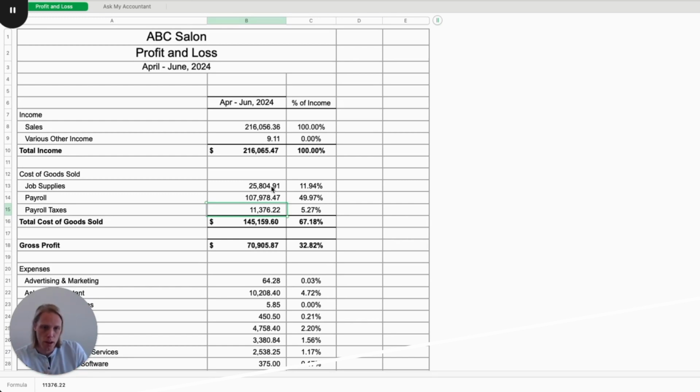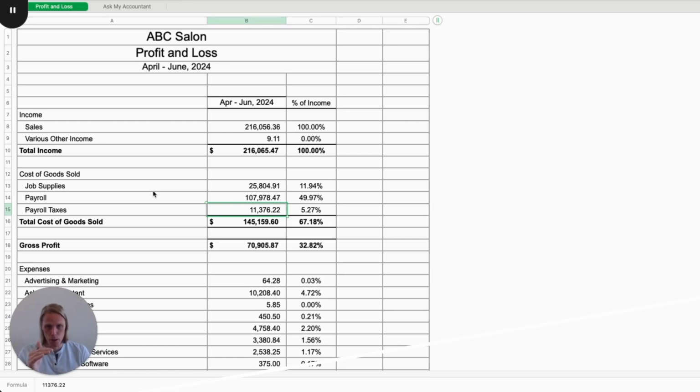When they check out and they pay, let's say they buy some product and they had a color service done, immediately part of that money needs to go to the stylist that did the service and part of that money needs to go to replace the product. Those are our direct costs. These are shown pretty well in this example. That's broken out. We can see that there's about 12% for job supplies.